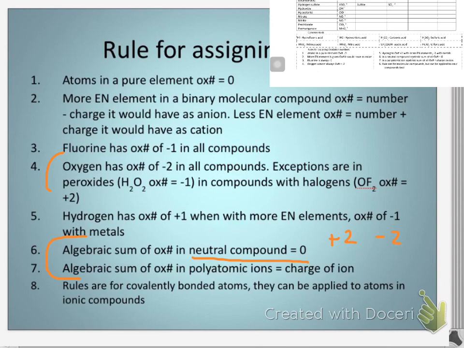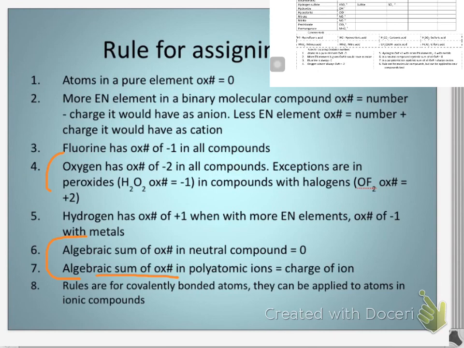Now, if you have a polyatomic ion, of course, it does have a charge, and the algebraic sum of the oxidation numbers has to equal the charge on the ion. These rules are for covalently bonded atoms. We don't typically call the electron arrangement in ionic compounds oxidation numbers, though you will see references occasionally to people talking about the oxidation state of an atom in an ionic compound when they mean its charge.